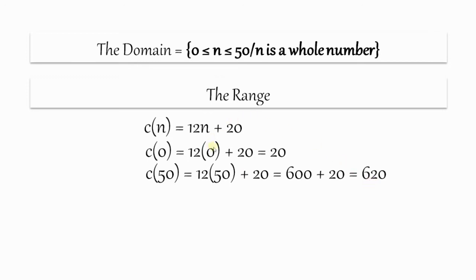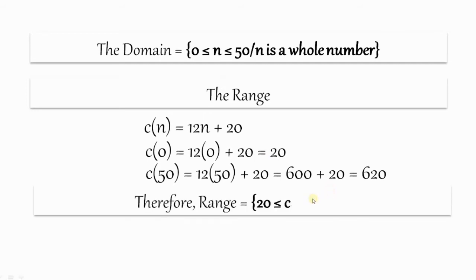So the limits of our range will be 20 and 620. Our range is therefore 20 less than or equal to c of n less than or equal to 620.